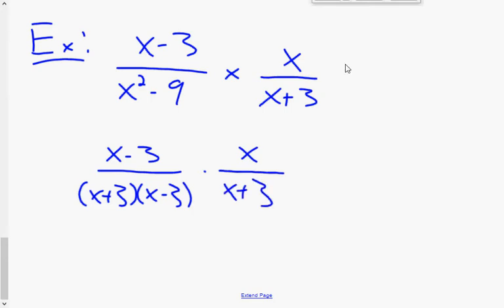Now that I've simplified everything, I start to cancel out. What's nice with multiplication is, if something's the same on either one of the fractions, I can cancel it out. But with this first one, nothing really is the same except this guy.